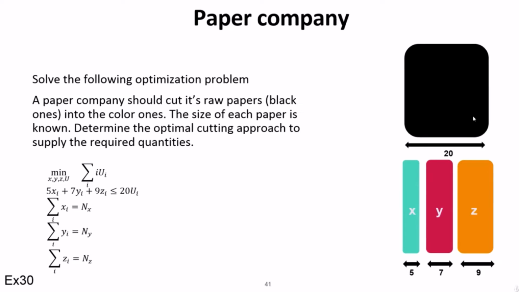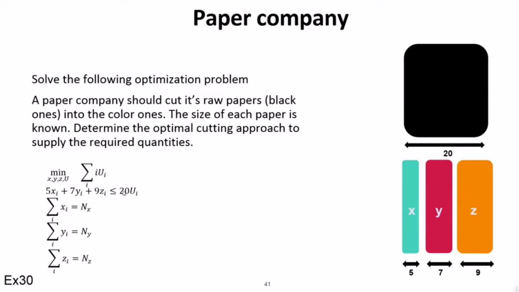So the width of the paper should always be taken into account. We want to minimize the number of big papers I'm going to cut, and for each given paper, how many X, Y and Z I can extract. So 5X plus 7Y plus 9Z less than or equal to 20 ui, and nx, ny and nz tell me the required number of each piece. As you can guess, I have to define them as binary variables.